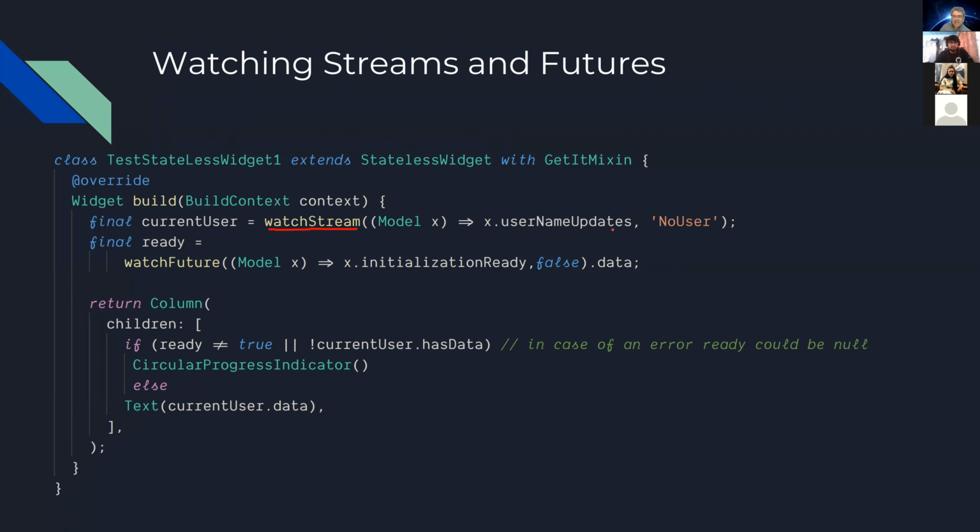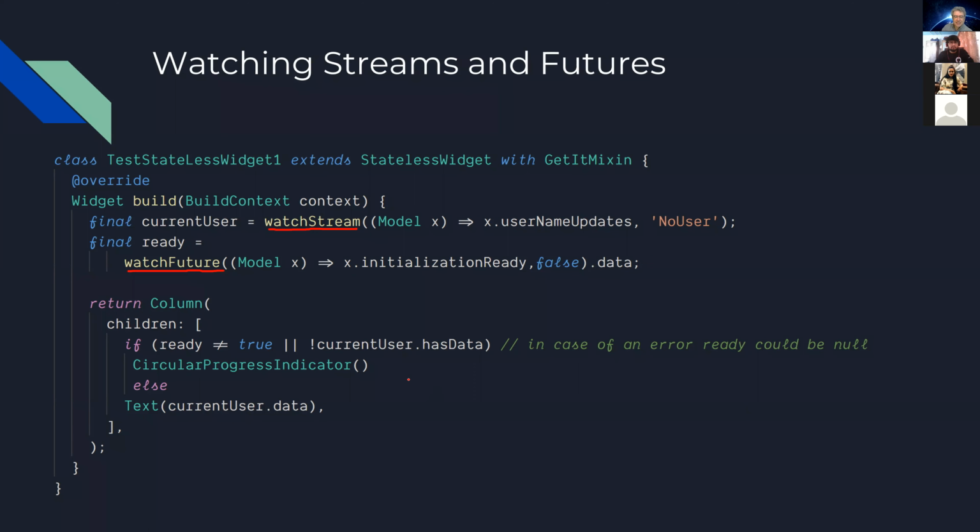And you can do all this in a stateless widget. The same with watchFuture. You can observe the state of a future in your model, and it will automatically trigger the rebuild of this widget the moment the future changes, and you get the latest value, in this case, in the ready variable.